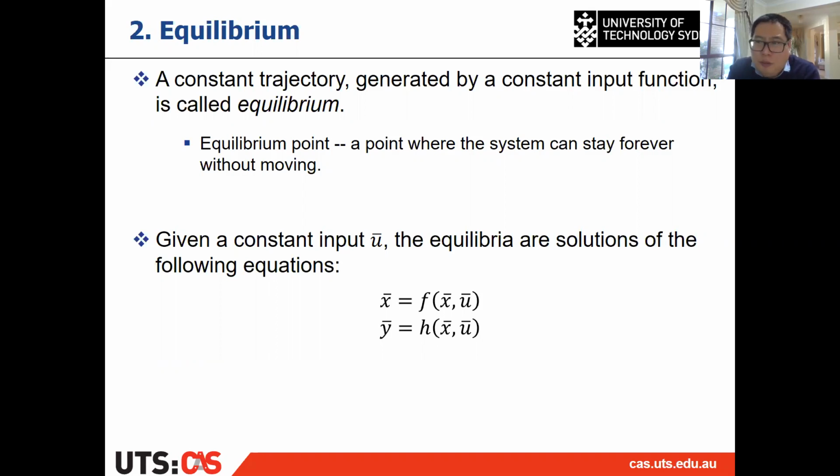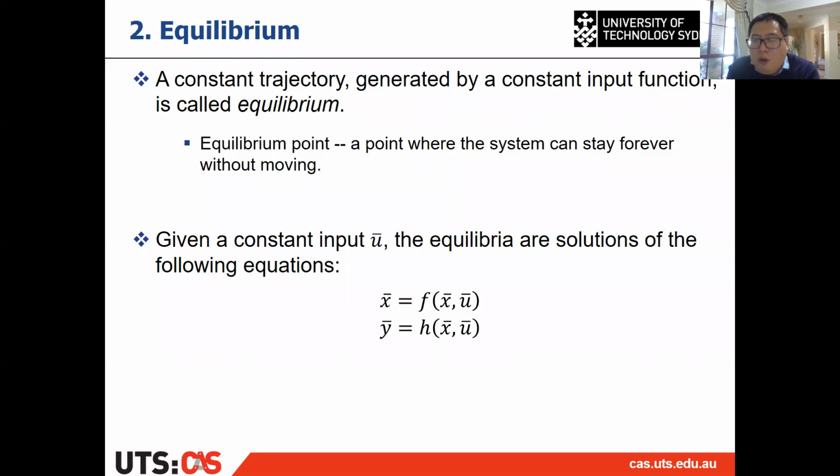In short, what is an equilibrium point? An equilibrium point is this: if you have a constant input u, then you will find a constant state that will never change forever. You know what I mean? So the equilibrium point means if there's a constant input u bar, and you have an x bar, the state, that will never change, the system will not change forever, then that is the equilibrium point.